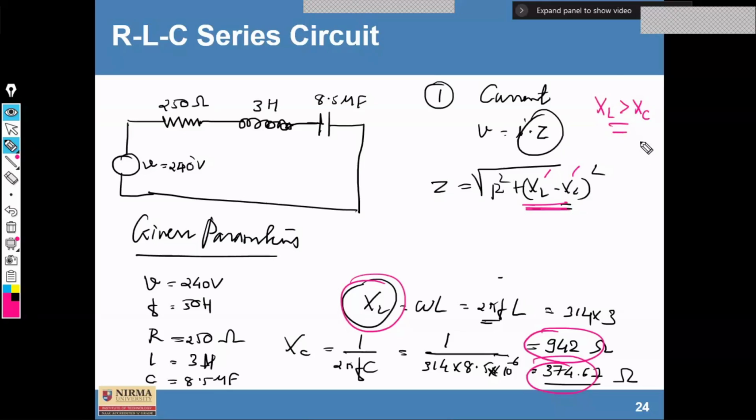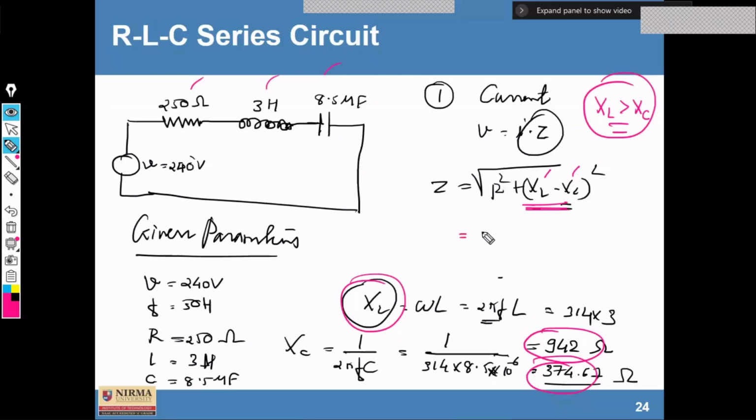Please keep in mind, if such values are given in a circuit and you are asked to write down the power factor, whether it is leading or lagging, you can easily explain that the power factor is lagging in this condition because the value of XL is greater than XC. Clear?